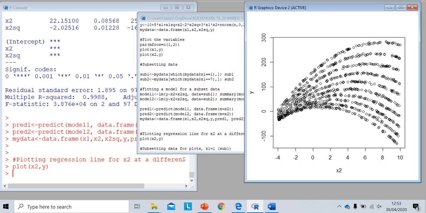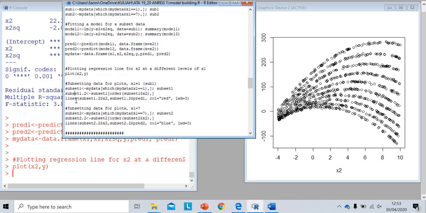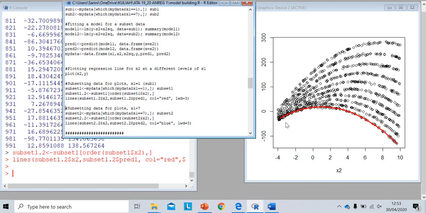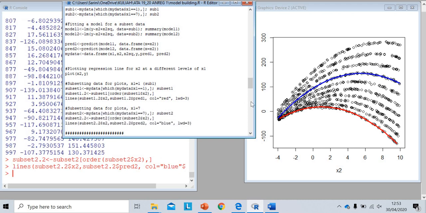So this is x2 and y, and if we check the relationship of x2 and y for x1 equals 1, we get it represented by the red line here. And then for x1 equals 7, we have something like this. So it seems like curvature but not parallel.